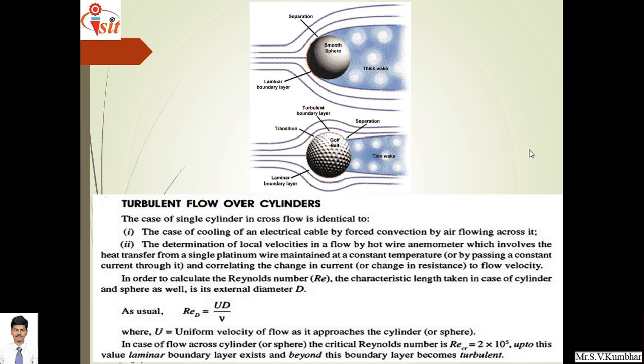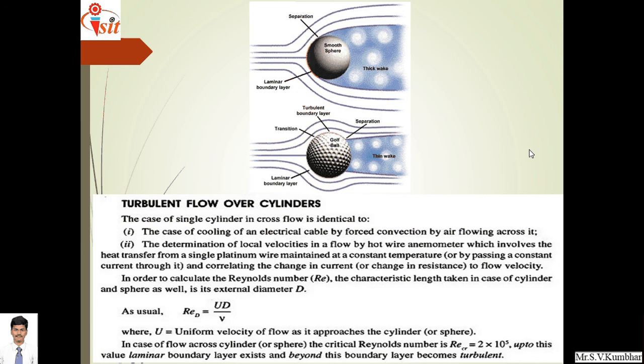In order to calculate Reynolds number, the characteristic length is taken as the external diameter for cylinder as well as sphere. So, Re = rho V d / mu or U d / nu, where U is the uniform velocity, d is the diameter, and nu is the kinematic viscosity.